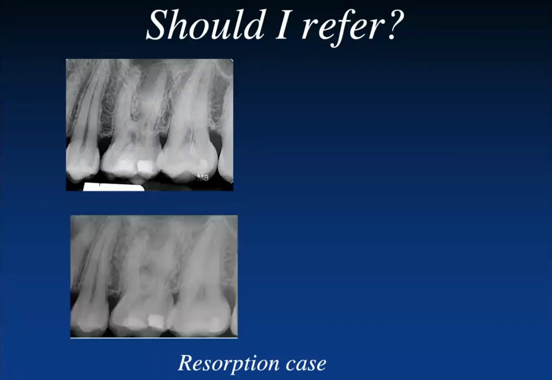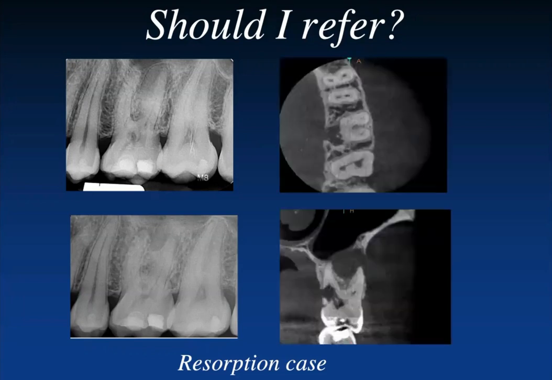You take a different angle, you can see the small radiolucency under the pulp chamber space, and you're wondering what's going on there, which is a resorption case. So when I saw that, I sent the patient for CBCT because I want to know what I'm dealing with before I touch the tooth.